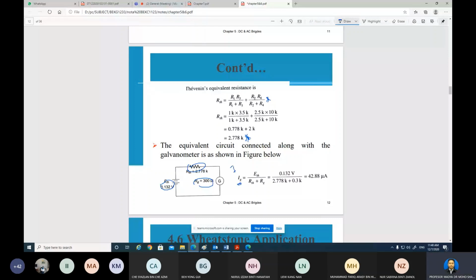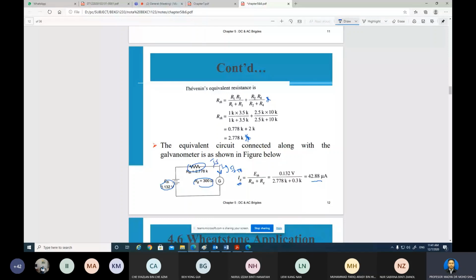To get the current Thevenin, that means the voltage Thevenin divided by resistance Thevenin plus RG. That's the current through the galvanometer. You can assume it as the current total. So the current total is 42.88 microampere.